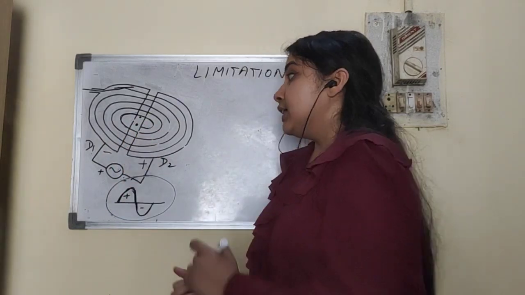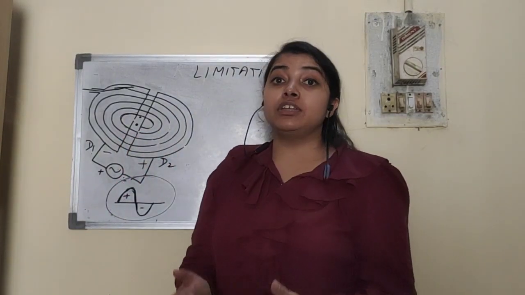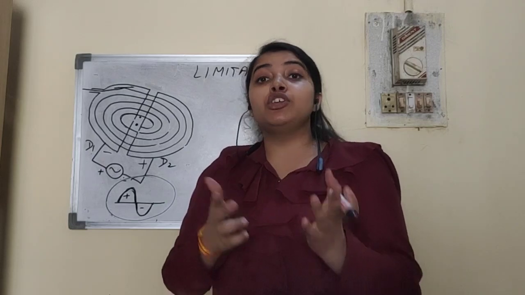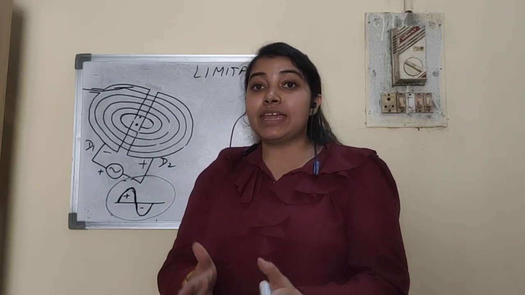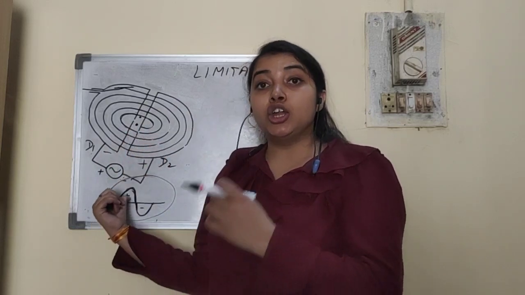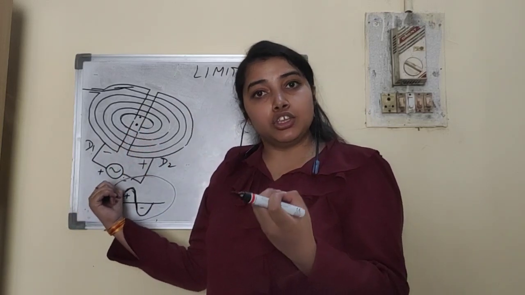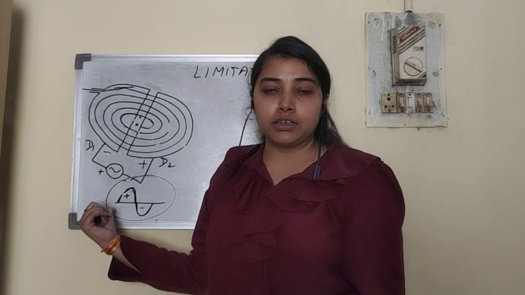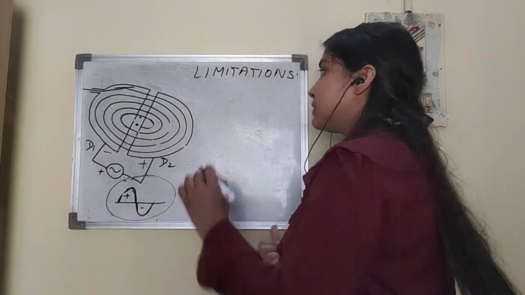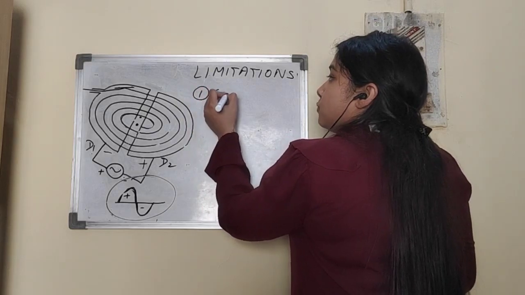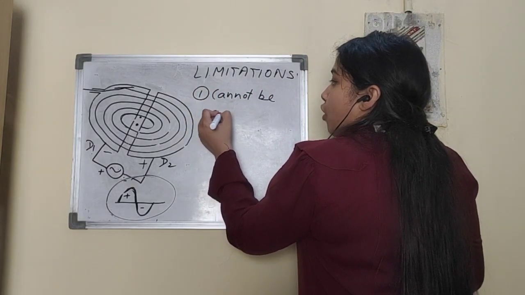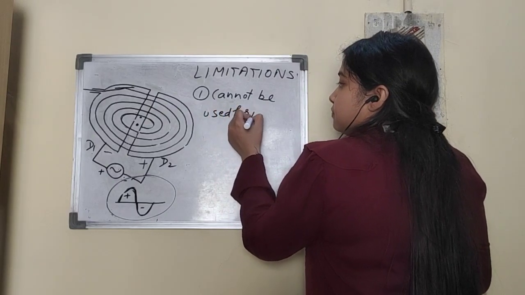So this process will not start, and we cannot use this apparatus to accelerate a neutral particle. We have to use a charged particle if we want to use the cyclotron. So the first limitation is that it cannot be used for neutral particles.